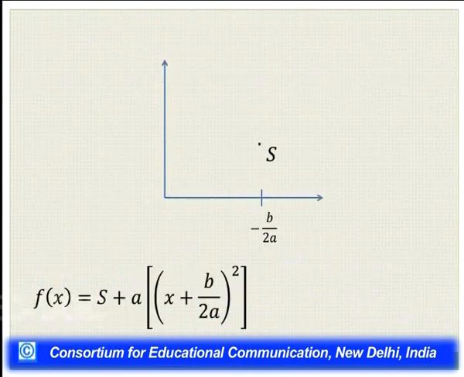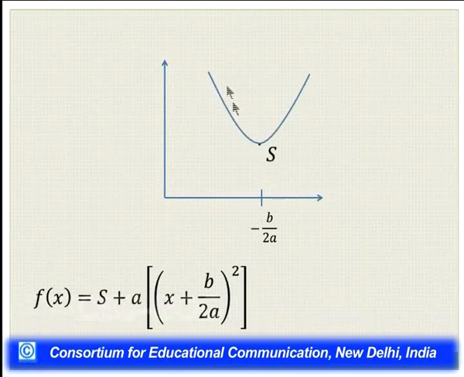Now this can also be understood visually, as I was just saying, at x equal to minus b by 2a, I forgot to label the axes here, I apologize for that, but if x is equal to minus b by 2a, the value of the function is s, which is minus of b square minus 4ac divided by 4a, and the point here is whenever x is something other than minus b by 2a, so if you move to the left of minus b by 2a or to the right, then I'm always going to be adding something to the value s.